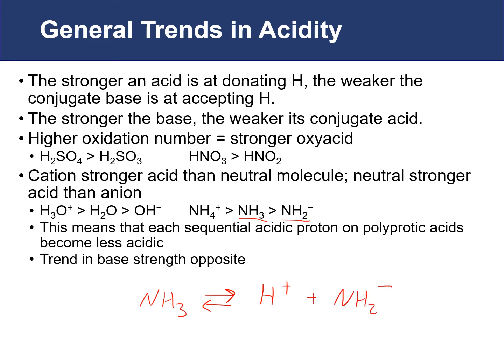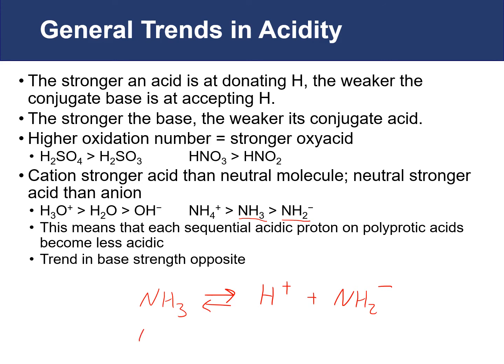They have opposite charges, the proton and the NH2 minus, and so there's electrostatic interactions that are going to try to pull these two together. So having this hydrogen come off and go away is going to be a little bit difficult because of the attractive force of the opposite charges. If you don't have opposite charges, then there's no attractive force.